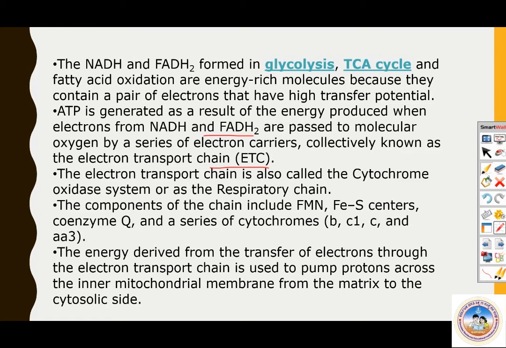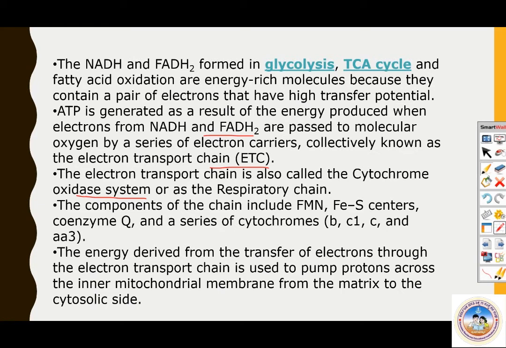Okay. Now the electron transport chain is also called the cytochrome oxidase system, also called the respiratory chain. Remember that. The components of the chain include FMN. Then it also requires Fe-S, that is iron-sulfur centers, coenzyme Q and a series of cytochromes, that is B, C1, C and A and A3.